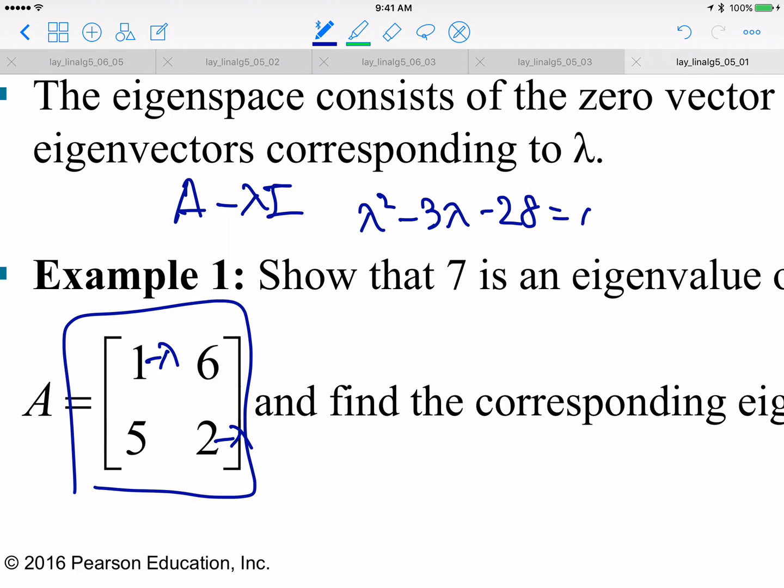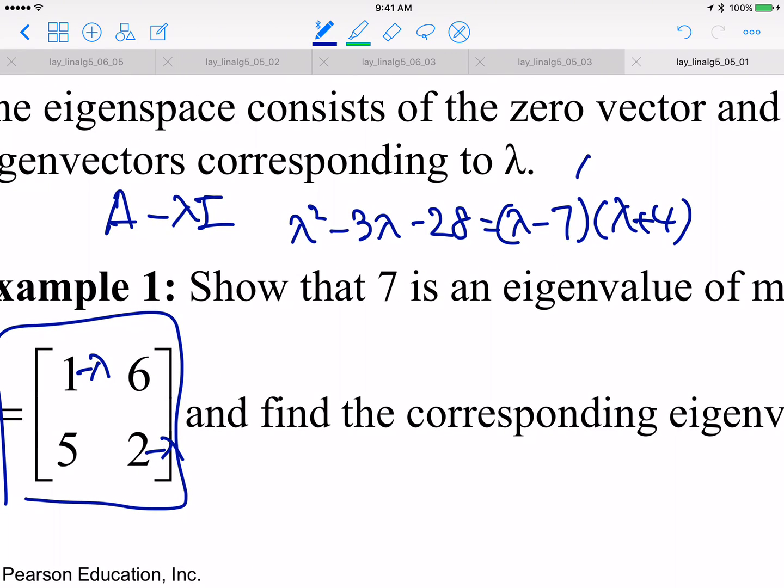And then it will become lambda minus 7 and lambda plus 4, right? And then the two solutions for lambda are 7 and minus 4. And these two are your eigenvalues.